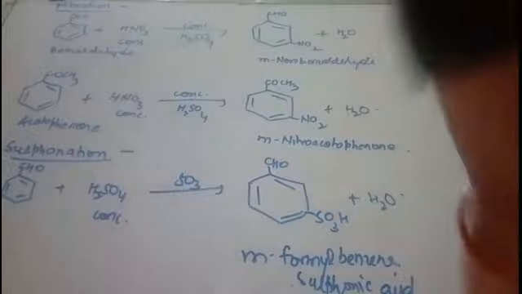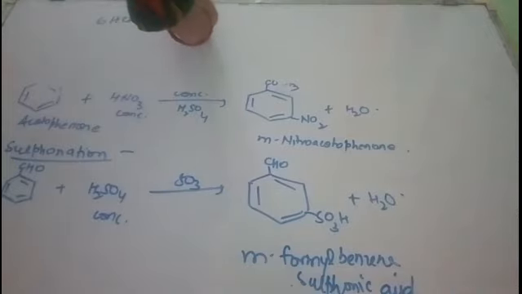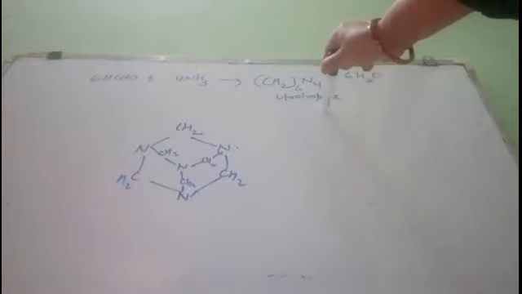Now this is a very important use of formaldehyde, formalin. And one more important use is that it is used in making a drug known as urotropin. When formaldehyde is treated with ammonia, it forms urotropin, right?